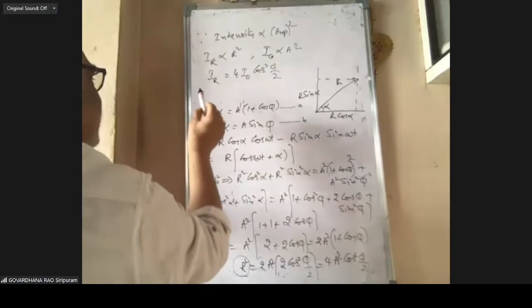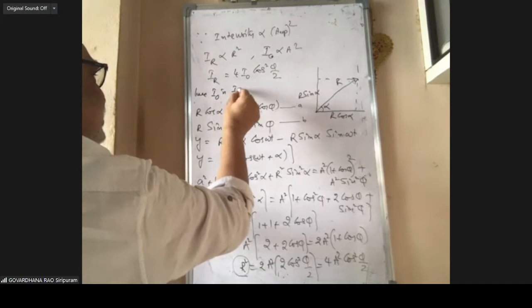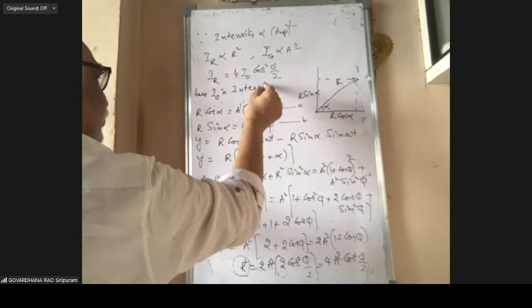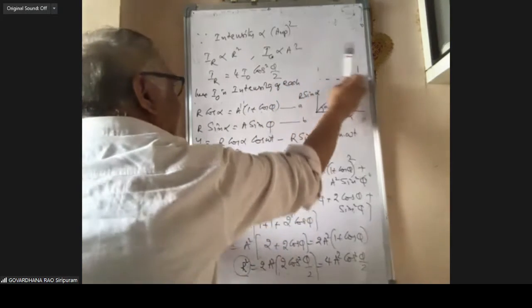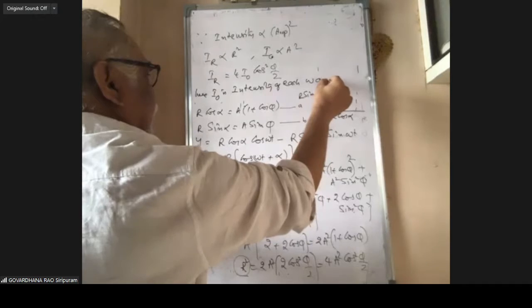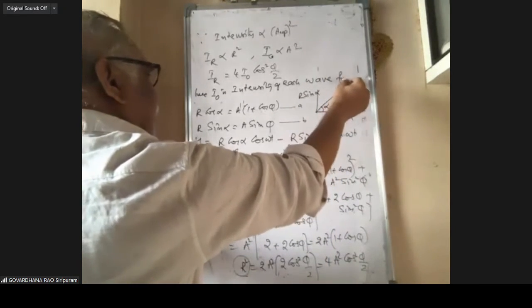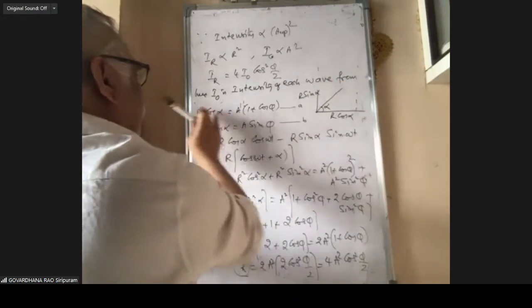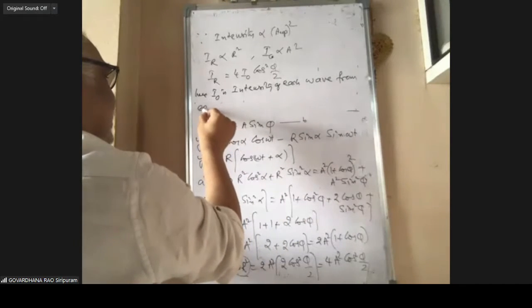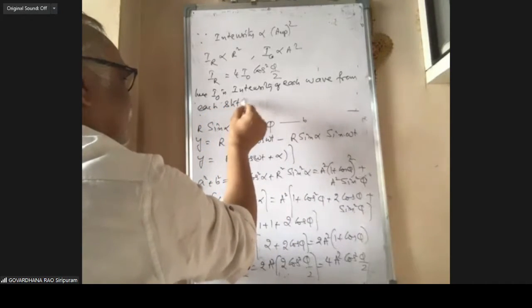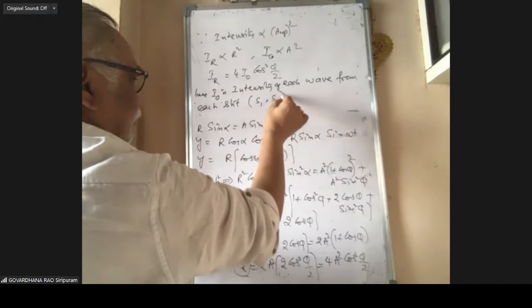Here, I naught is the intensity of each wave from each slit, S1, S2.